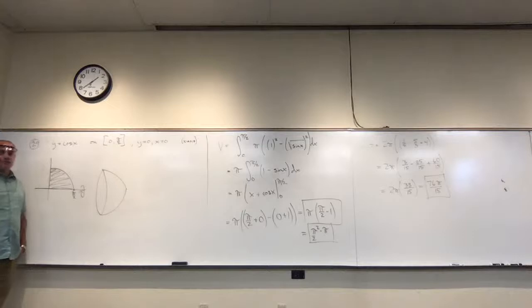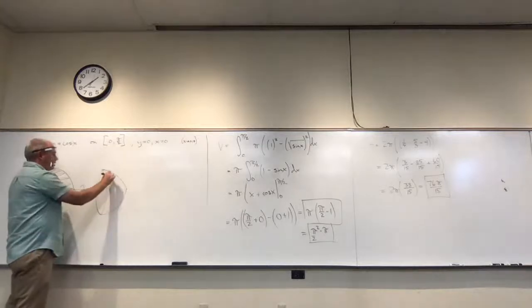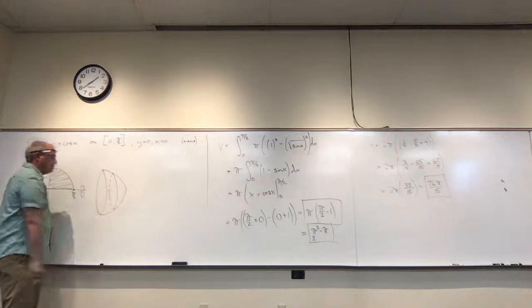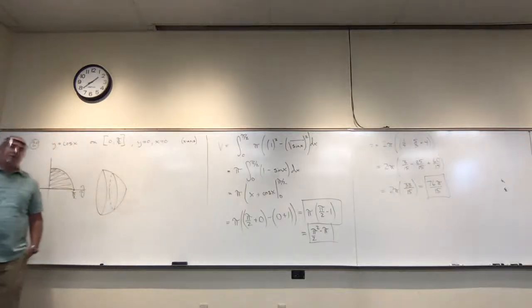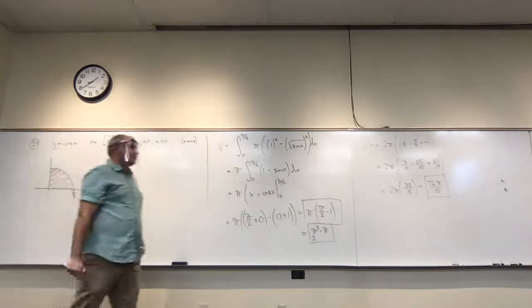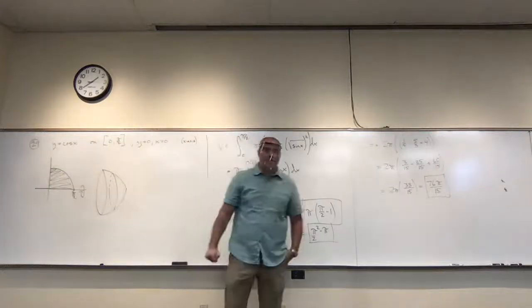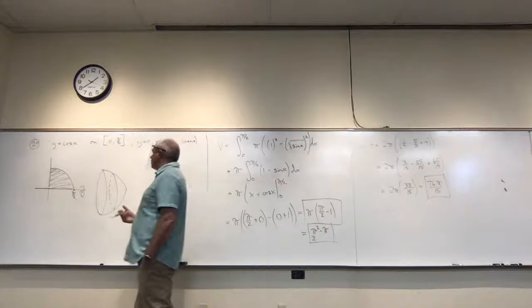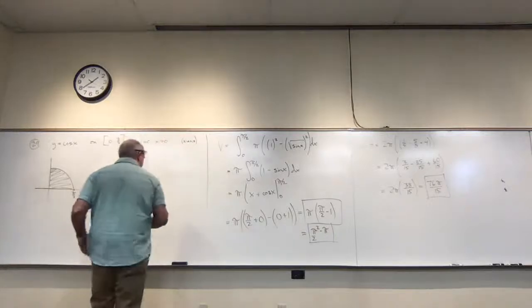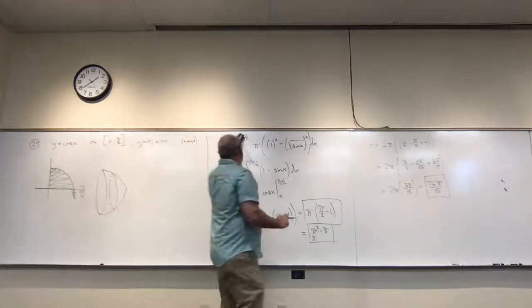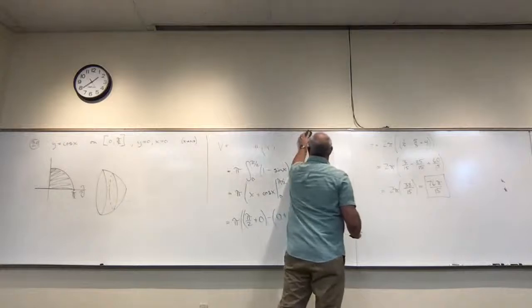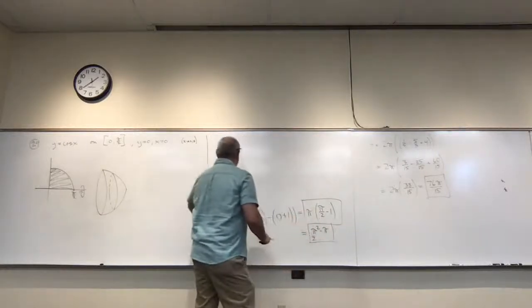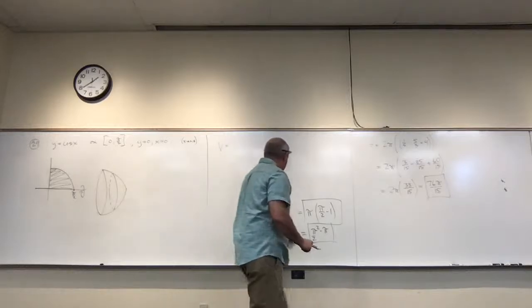So if we do, we should get a shape sort of like this. And that's it, right? So if we cut it, we would get this shape, which is a nice, in this case, not a washer, but a disc. Yeah, we get discs at every cut. And so this one is a little bit easier to set up since we don't have to use an outside function and inside function. We can just use the one radius.